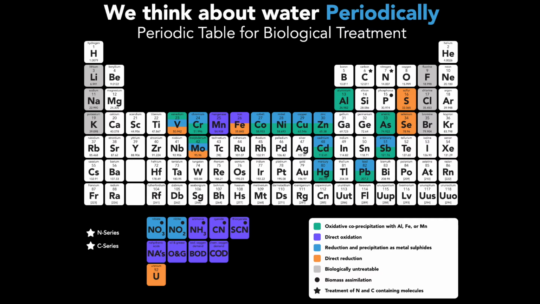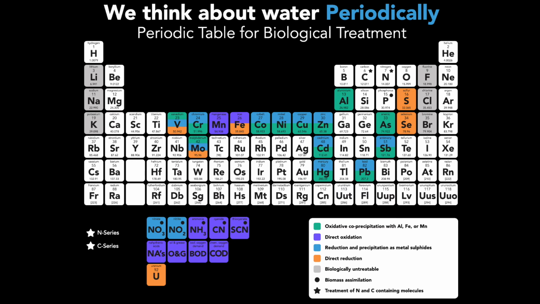We'll include a link to that article below in our write-up, and I believe they have an updated article around 2013. They go into a lot of the different mechanisms. It's quite an interesting paper, so thought we'd share that along, and always want to make sure we give credit where due. So here's our version of a periodic table for biological water treatment.